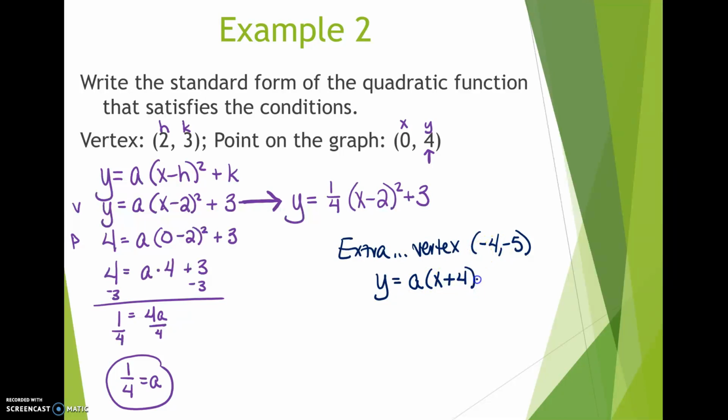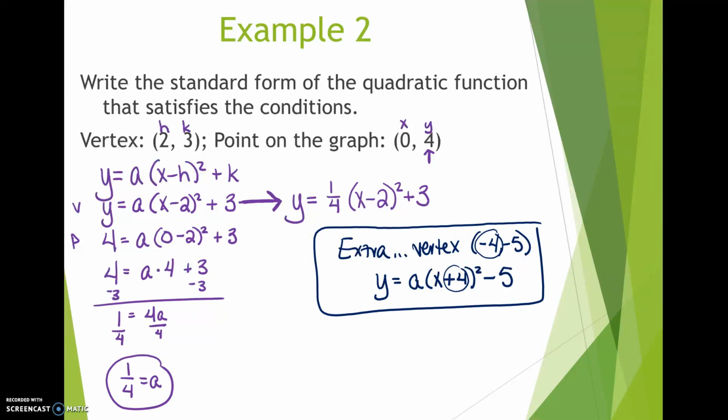Positive 4, don't forget the square, and then plus a negative 5, which would be minus 5. So notice the first part of the vertex is always opposite between the vertex and the equation. So that's just something to think about in case you encounter a vertex that has negatives in it.